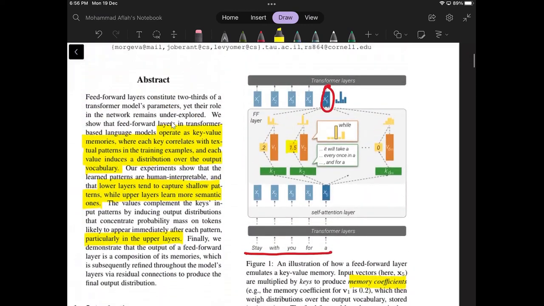So again, going back here, this V2 was a distribution putting its probability mass on "while", and then this high weightage given to this token further enhances its presence.